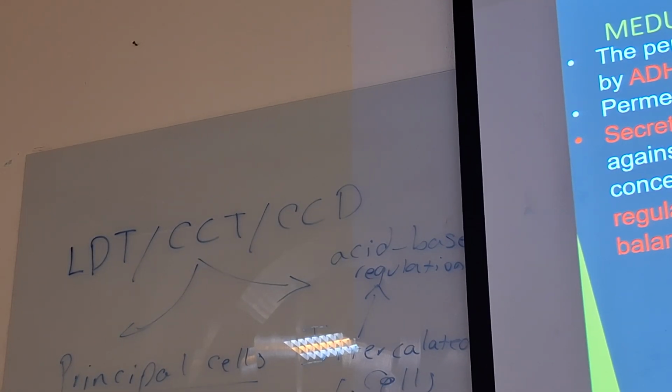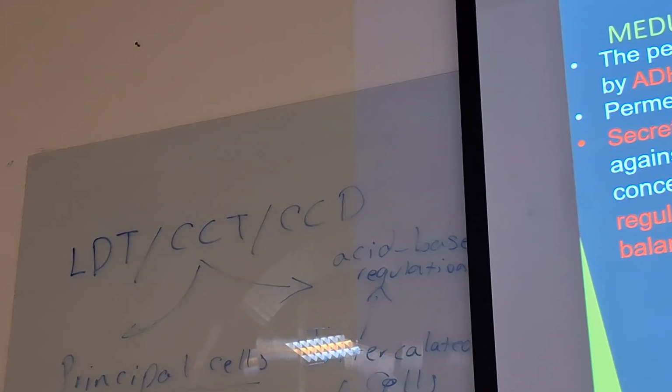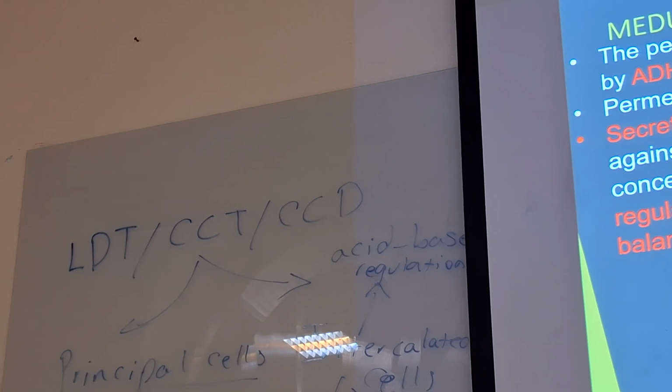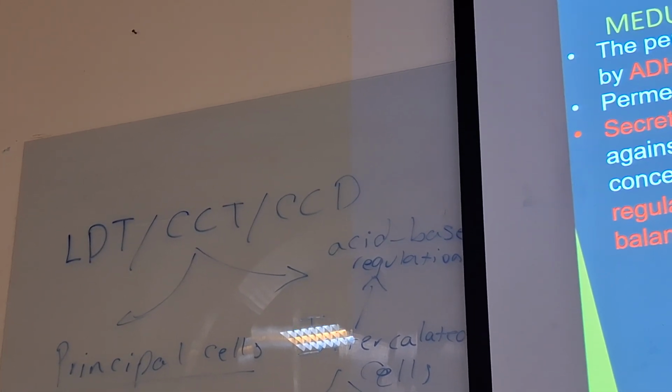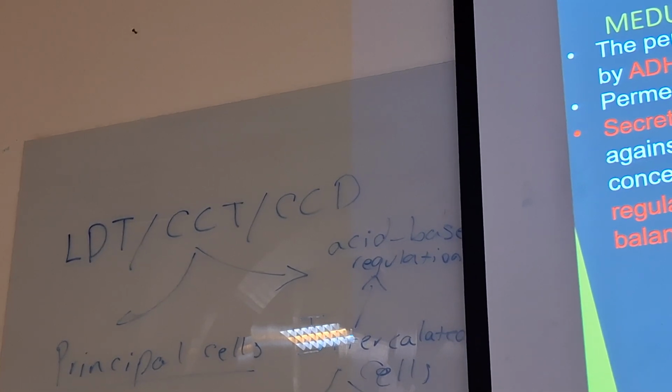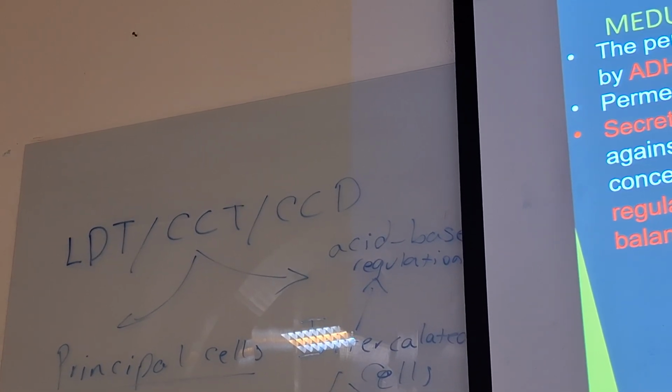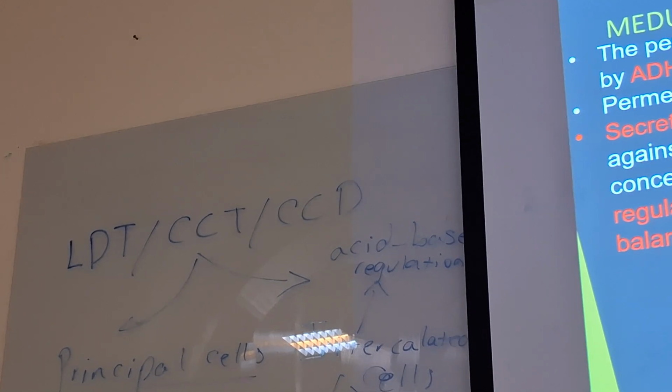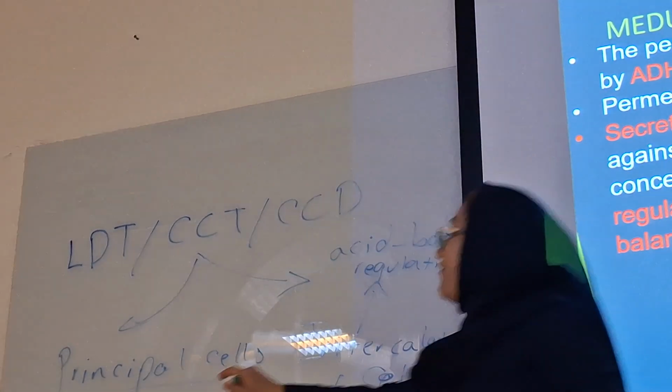Regarding the medullary collecting duct, two main factors are reabsorbed from it. One is urea. Do you remember yesterday I told you 50% of urea is reabsorbed. The second is water reabsorption. Both in the presence of ADH.